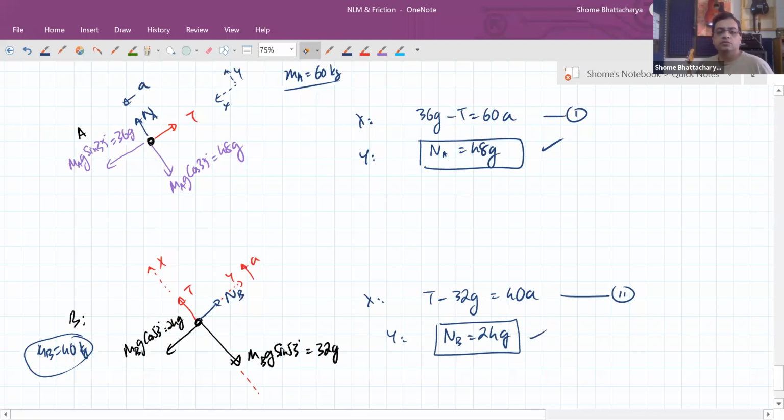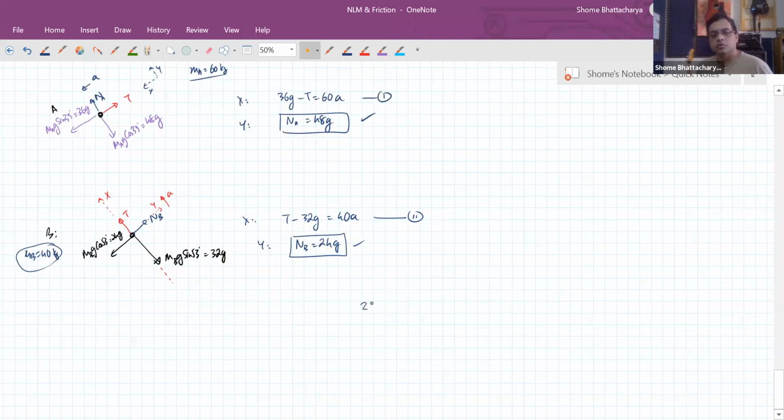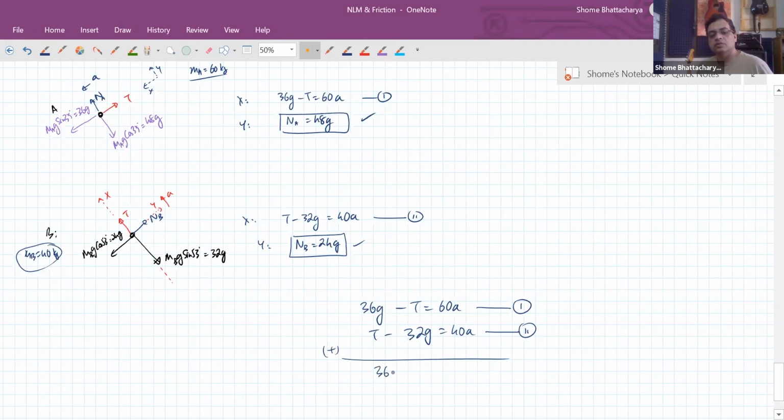Now we can solve equations 1 and 2. So 36g minus T is equal to 60a. That's our equation 1. And T minus 32g is equal to 40a. That's our equation 2. Now we can just solve them by adding these. So 36 minus 32 is equal to 60 plus 40 times a.